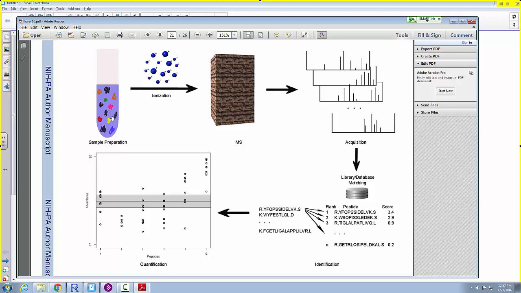I forgot to mention, because proteins are big, we break them up first before we ionize. Throw an enzyme in there and chop up the proteins at predictable places. So now instead of giant macromolecules, we have lots of little pieces of peptides, short amino acid sequences. Ionize them so we can play mass spec with them, throw them through the mass spectrometer, and we get these spectral patterns.